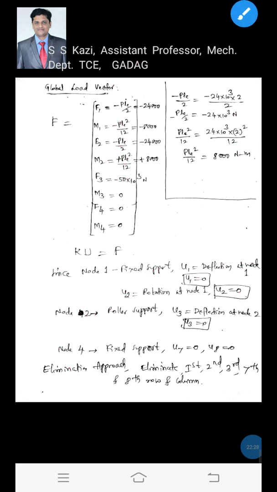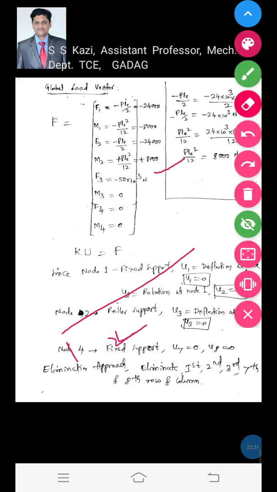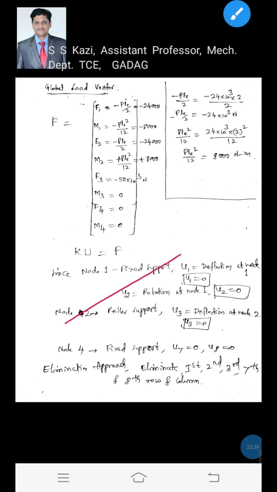Okay, next come to F3. Here you can observe, if you consider now 2 to 3, that is element 2. Up to node number 2 we wrote force at node 2 and moment at node 2, that is the UDL.